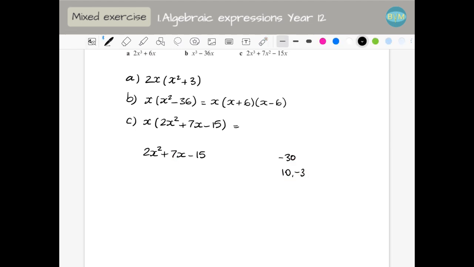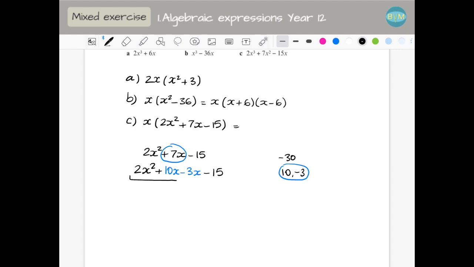So what we are going to do now is, instead of writing x minus 10x plus 3, write this as 10x minus 3x. Because 10x minus 3x is 7x, and we are using these two numbers. So we have 2x squared plus that, and then the minus 15.